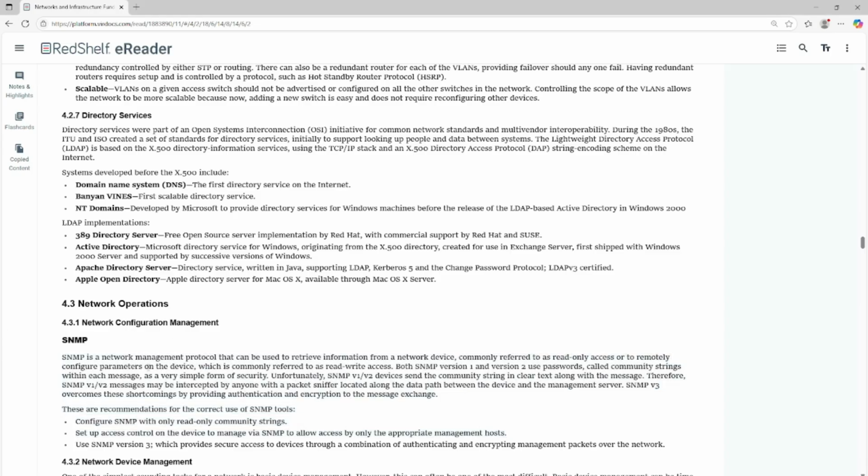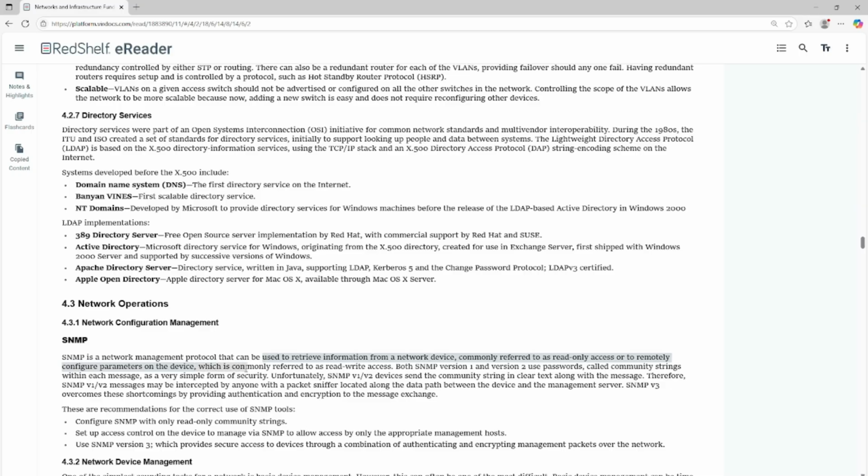You can see here it says it can be used to retrieve information from a network device, commonly referred to as read-only access, or to remotely configure parameters on the device. For instance, configure a router or check the status of a router.